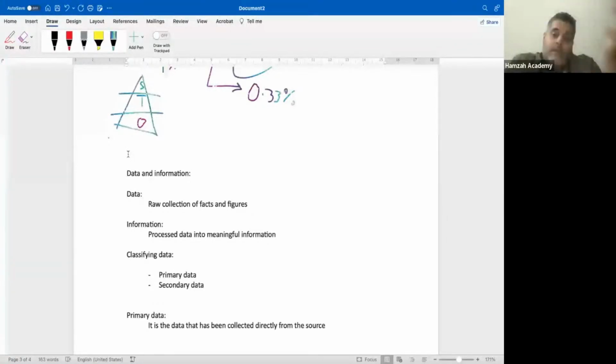I can ask about this data. Say, in this case, we have the students' data over here at the Hamzah Academy, right? I asked the coordinator to bring me the name and the WhatsApp number of all the students that I have in section B of the management accounting paper.